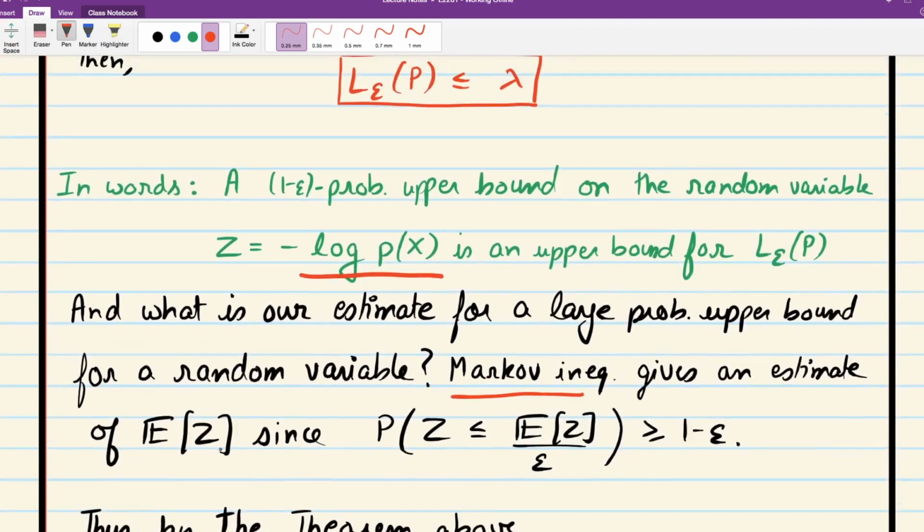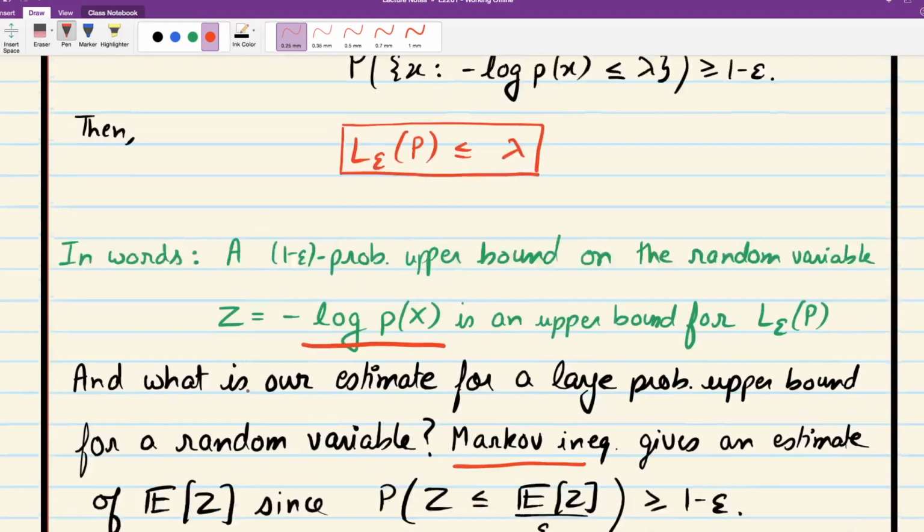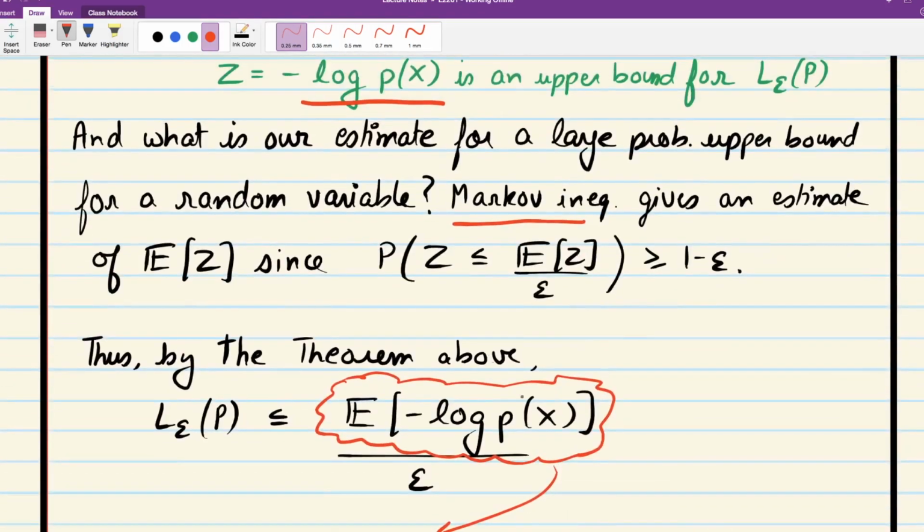It tells us that the expected value of a random variable divided by epsilon, for instance, is a large probability upper bound on the random variable. So let's try that upper bound. By a theorem, the random variable we are looking at is minus log px. So its expected value of minus log px, divided by epsilon, serves as a large probability upper bound.